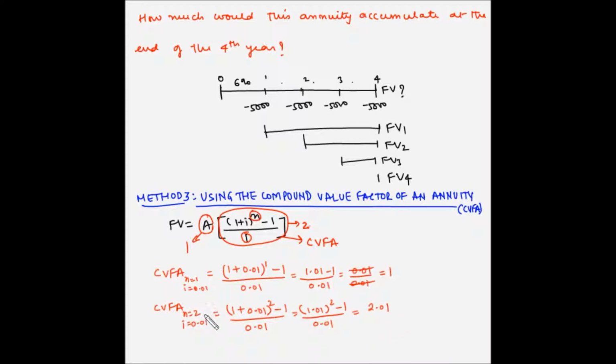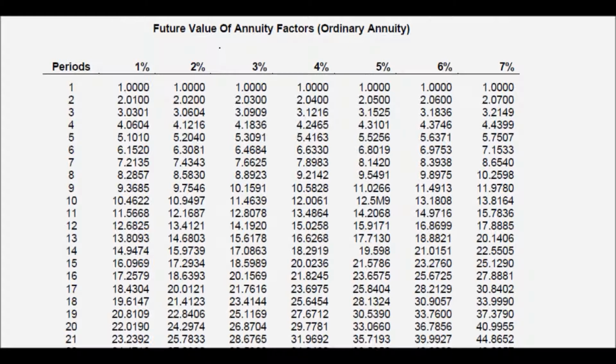Similarly, you can create a standard table with all these different combinations of n and I. These tables have already been created and are available in any of the financial management books or even on the internet. So let's look at this table, which has already been established.